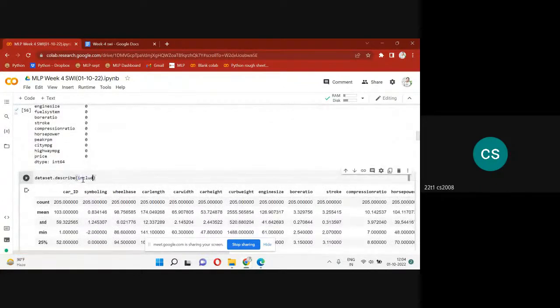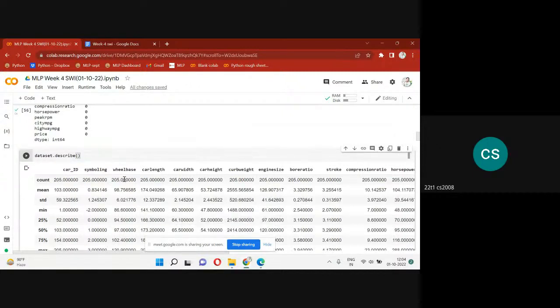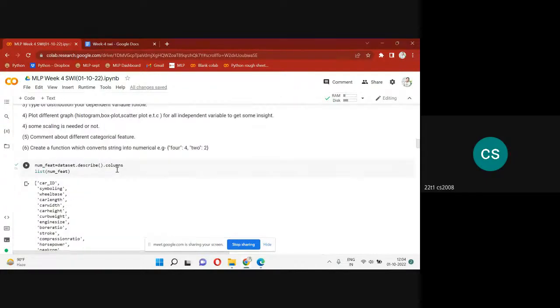Okay. By default it is there. So this code will return only the numerical columns.